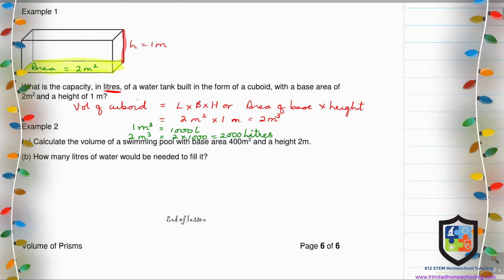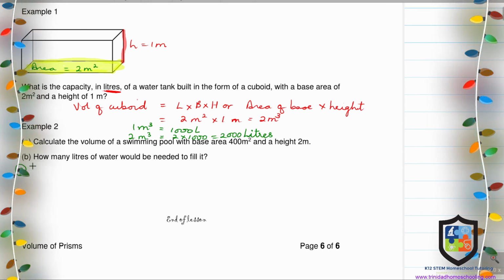Now let's look at example 2, part A. Calculate the volume of a swimming pool with base area of 400 meters squared and a height of 2 meters. So for a swimming pool we have a base area and a height. They didn't tell us what shape the swimming pool is. We assume it's rectangular, or it could be circular.